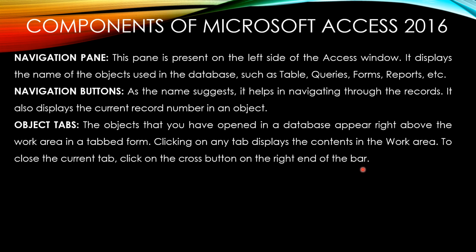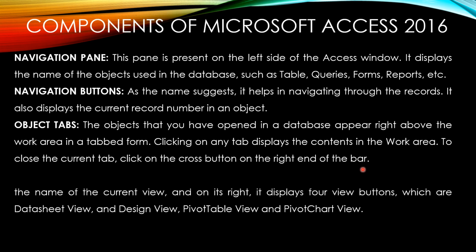Similarly, in MS Access, you will have object tabs, but they will not be present at the bottom. Instead, they will be above the work area, in the form of tabs. Whenever you want to see the content of that particular object, you need to click on that tab and the content will be visible in the work area. And if you want to close that, you have the cross button on the right end of the bar. Simply cross it and you will be able to close it.